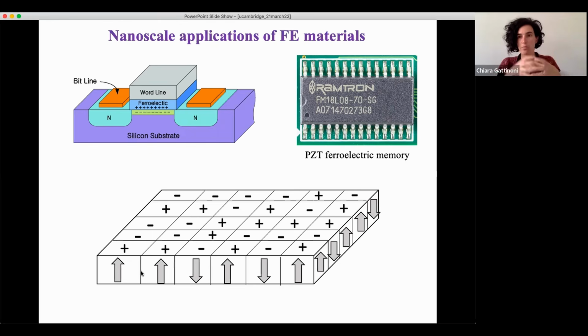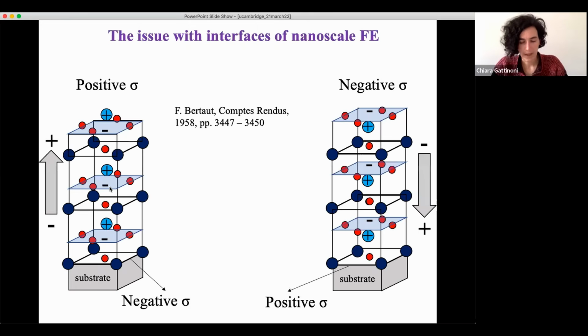So domains are parts of the ferroelectric which have different polarization that we can switch, and each domain is a byte. So this is the idea. And obviously, because we want to go towards miniaturization, we want to use just a very little thin film of ferroelectric material to do that. So how doable is that? Well, that's what we're getting at.